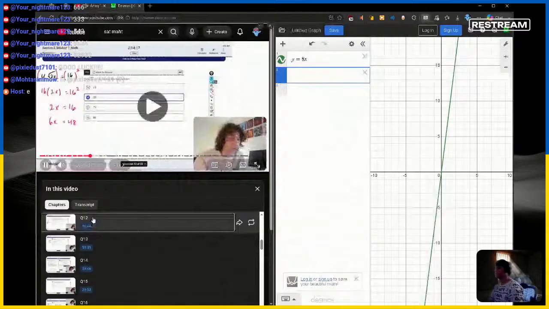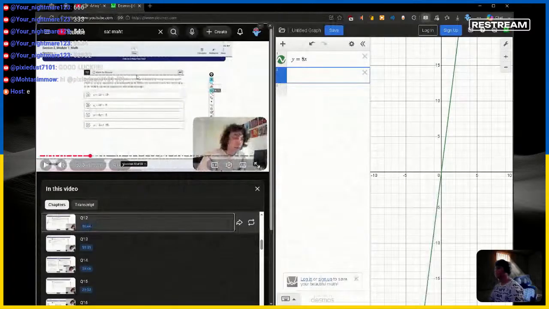More reliable. Number 12. The relationship between two quantities: for every increase in the value of x by 1, the value of y increases by 7. Okay, that's the slope, yeah. When the value of x is 2, the value of y is 18.